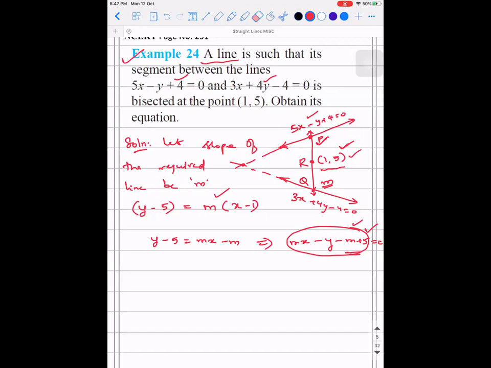So what are the points P and Q, guys? Fast. See, P and Q, everybody can find.